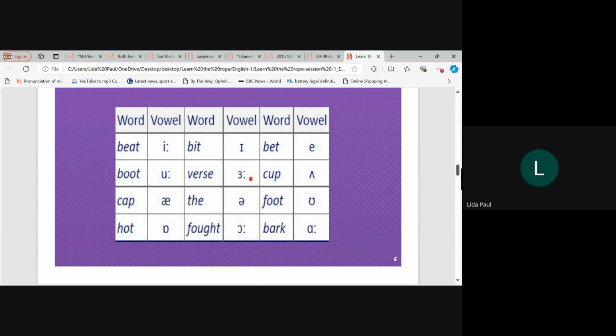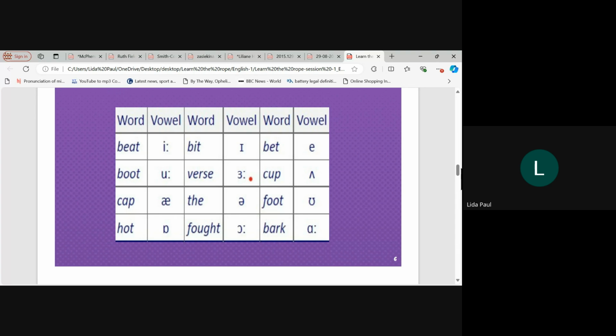And I think I showed you this chart as well, right? This was basically to help you understand what the pure vowels are. Pure vowels, or sometimes you would also see the word monophthong. So monophthong and pure vowels are one and the same. There's no difference.